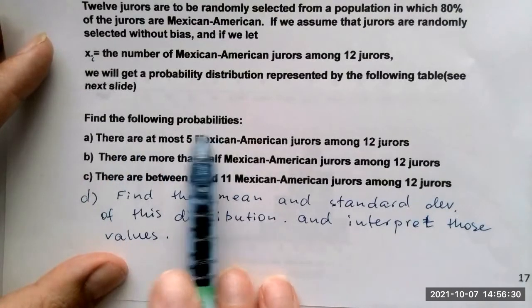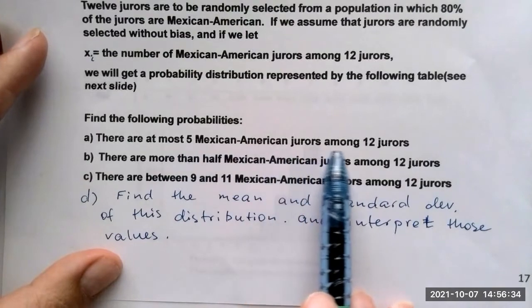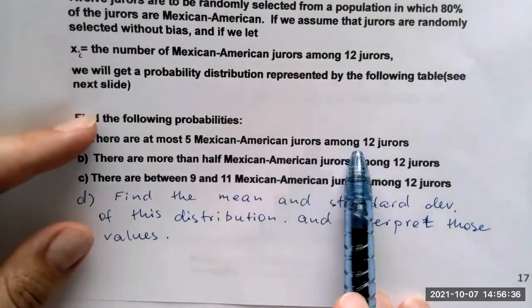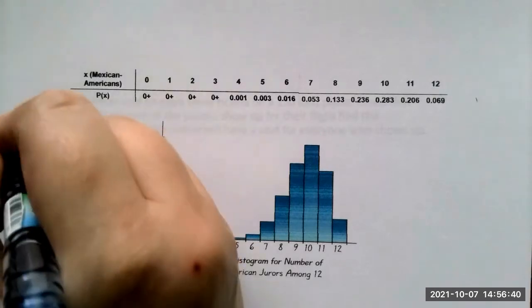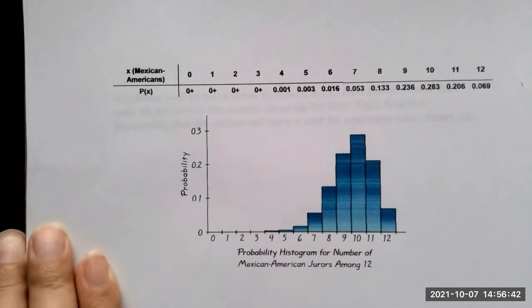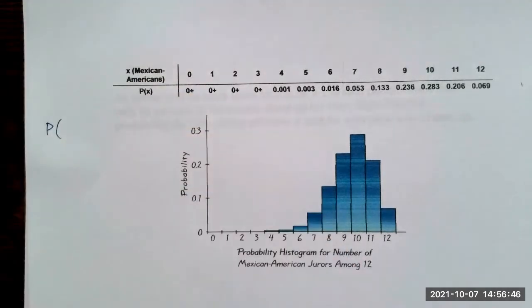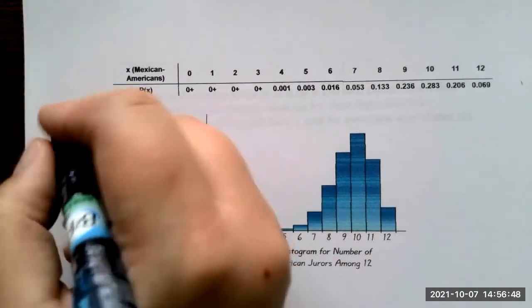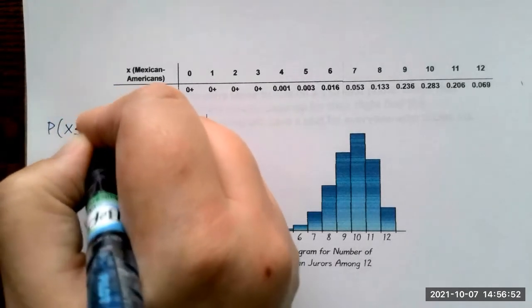Find the probability that there are at most 5 Mexican American jurors among 12. At most 5 means we're looking for the probability that x is less than or equal to 5.